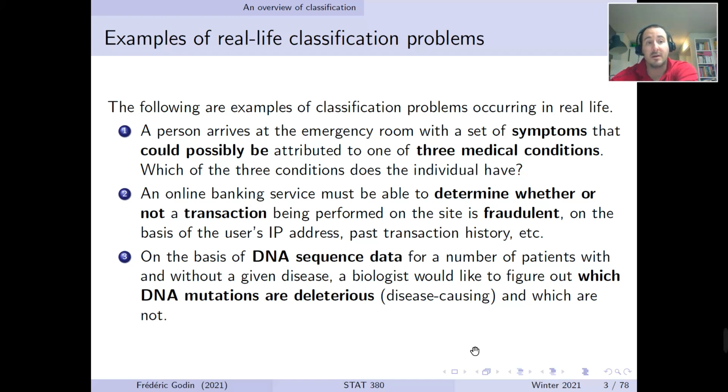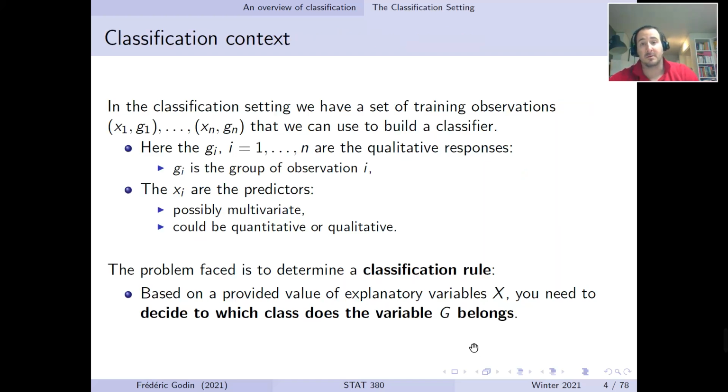For example, if you have a new patient, you can look at his DNA, look at his mutations and determine if he will be a sick patient or not. So there are many classification problems that can be encountered in practice. So studying this topic from a statistical standpoint or machine learning standpoint is very important.